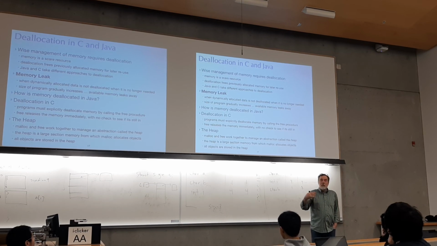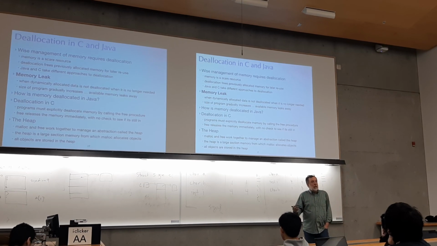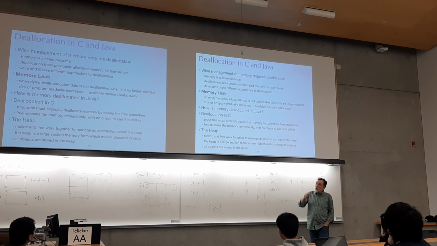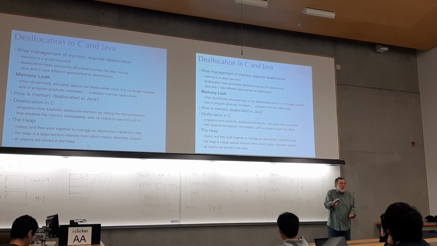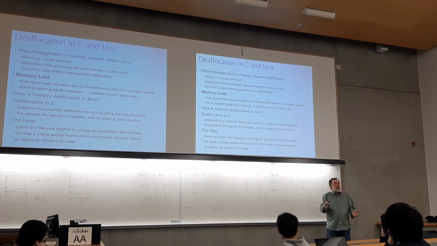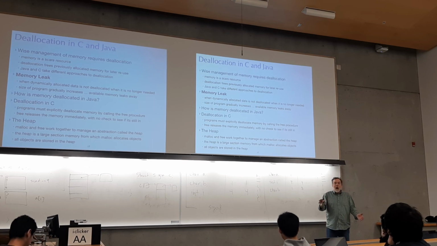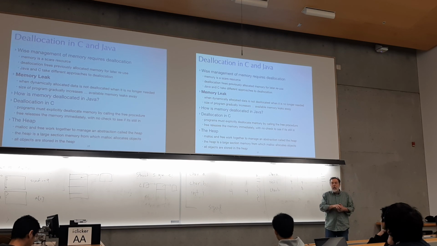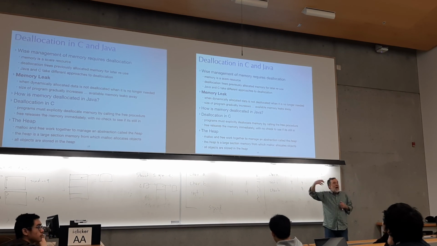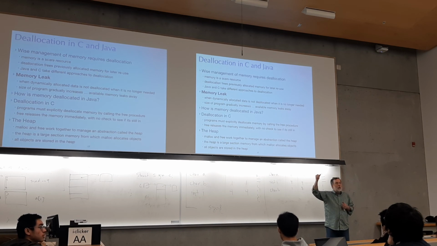We call that kind of bug a memory leak. The name comes from the idea that if you don't deallocate things when you're done, then the amount of memory available to your program is leaking away to these things that you allocated and don't use anymore.